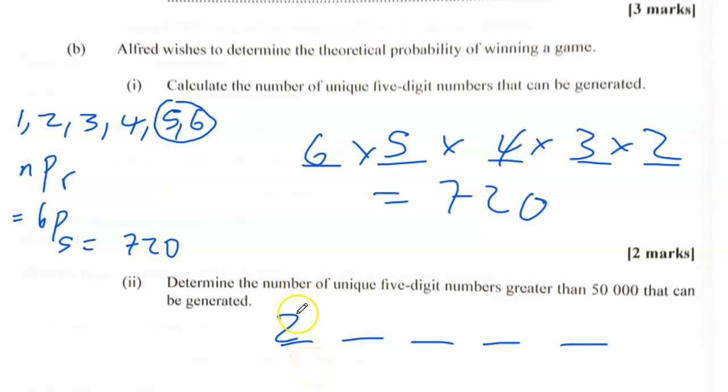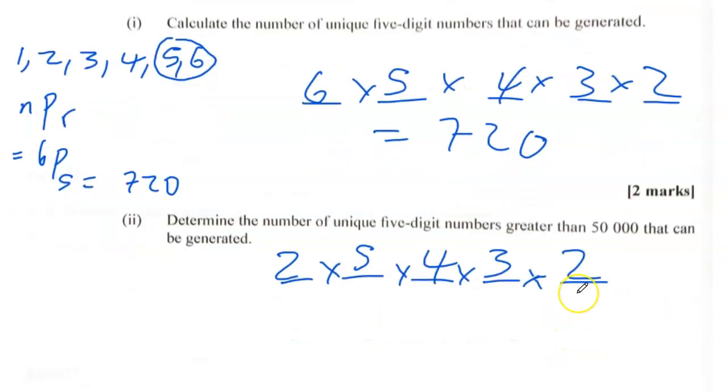And after you put either 5 or 6 there, then in the second slot you have an option of any 5 numbers. The third slot, any 4 numbers. The fourth slot, any 3 numbers. And the last slot, any 2 numbers. So it'll be 2 times 5 times 4 times 3 times 2. So that would give us what now? That would give us 240.